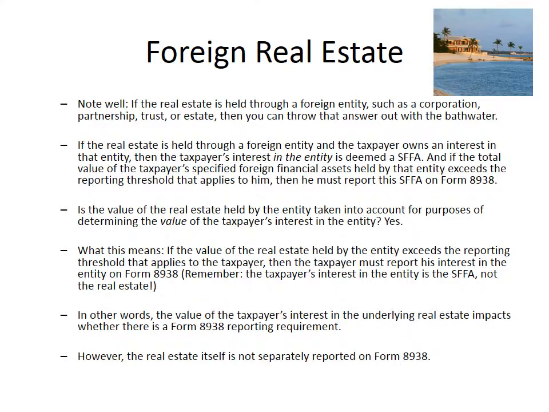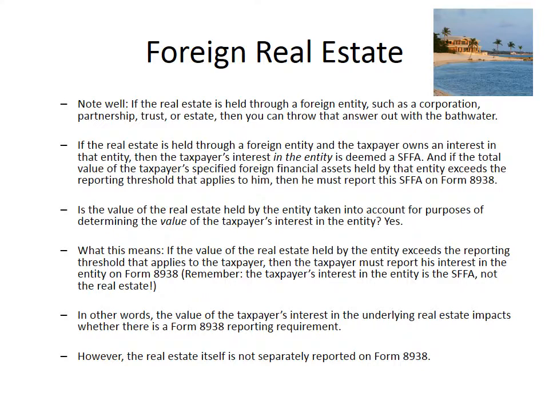Let's assume that the real estate is held not directly by the taxpayer, but is held indirectly through a foreign entity such as a corporation. So what we're talking about here is a situation where we have a taxpayer, let's say his name is John.